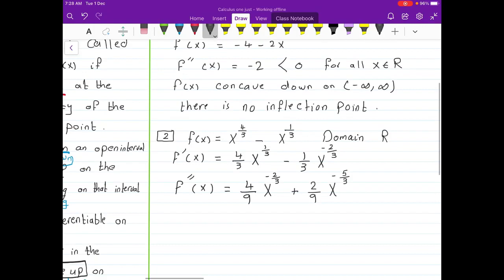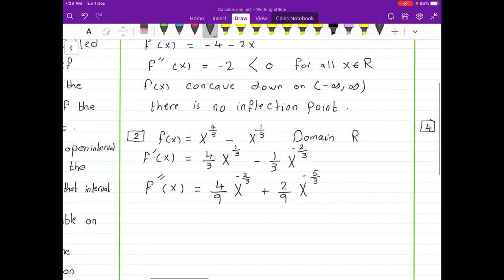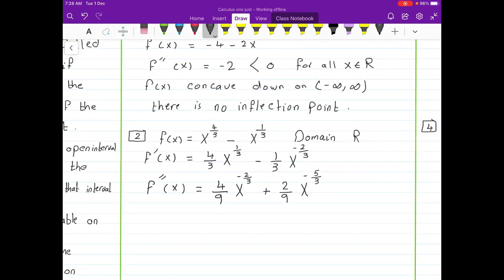Before you study the sign of f double prime, you must simplify. So this is equivalent to 4/9 x to the power -2/3 plus 2/9 x to the power -5/3.